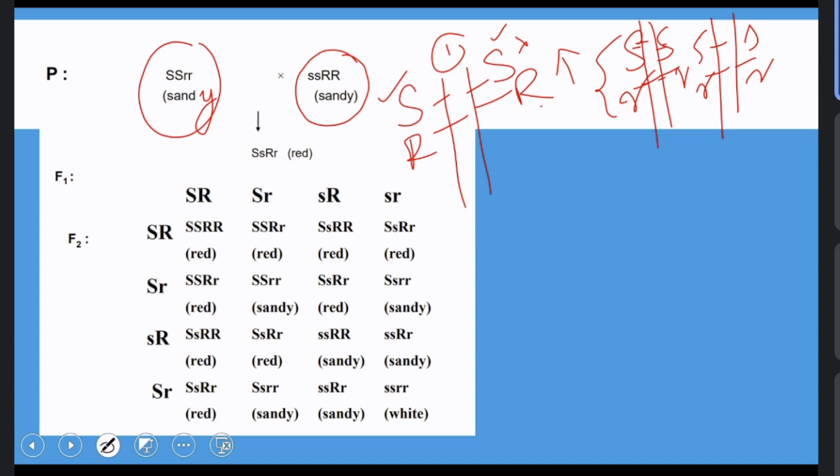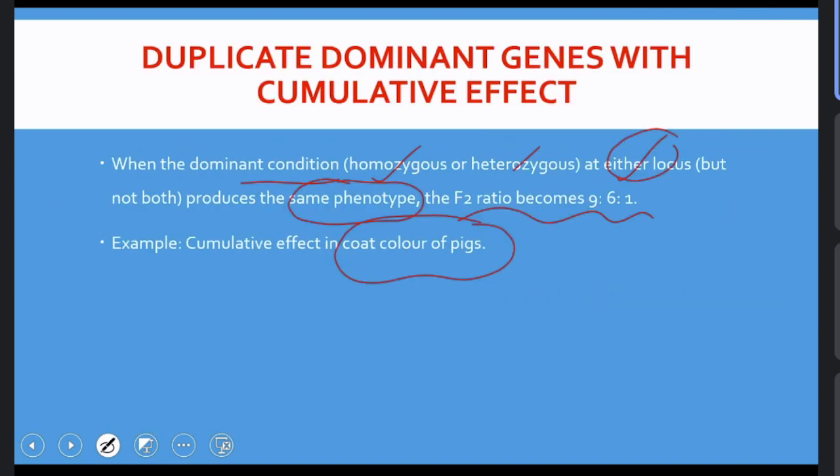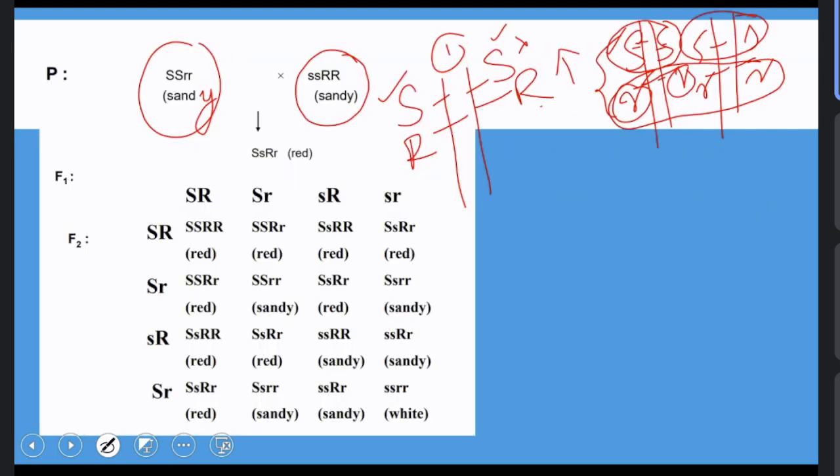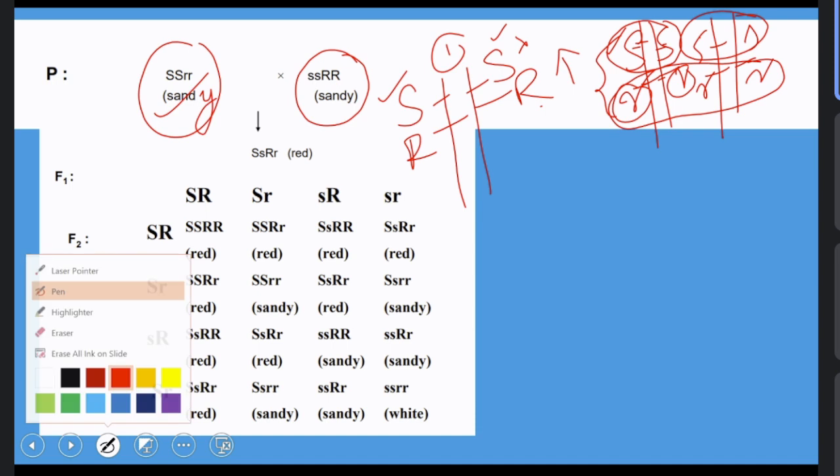One locus should occupy dominant genes, the other locus should occupy recessive genes. The dominant genotype can be homozygous or heterozygous, but the second locus should be homozygous recessive only. Then only what happens here? They produce the same phenotype. That is the sandy phenotype.